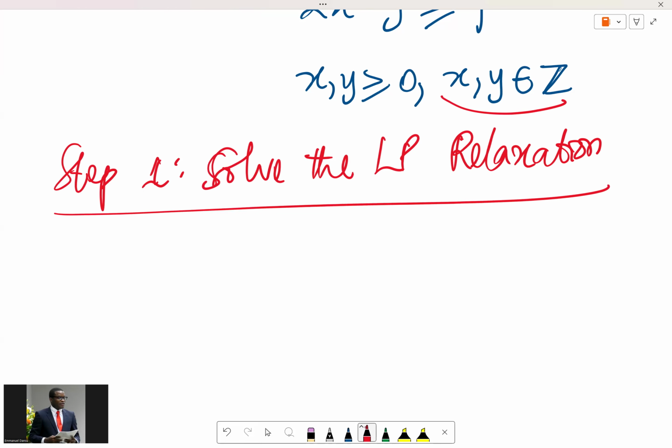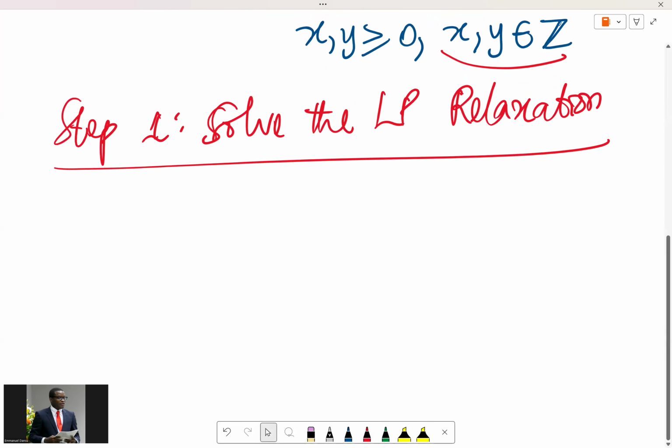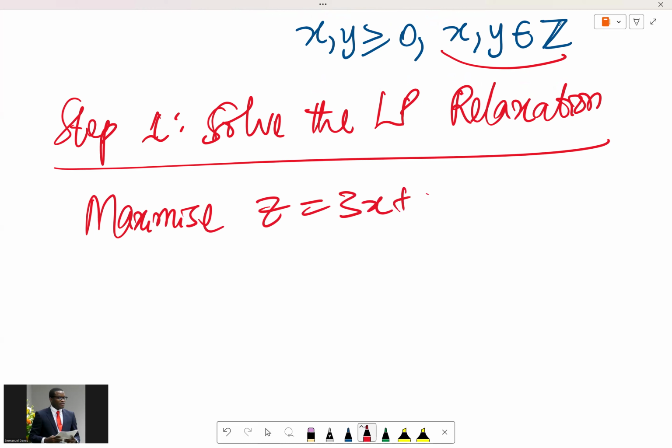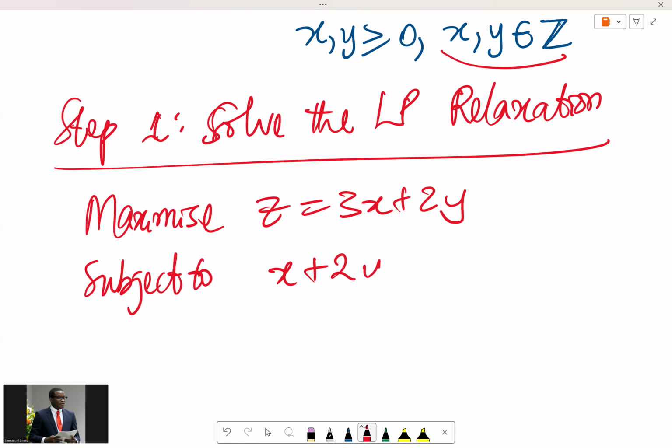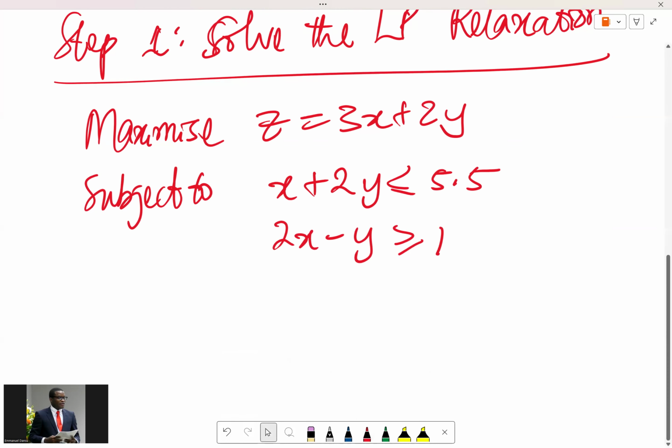So in that case, we have a problem as this: maximize z equals 3x plus 2y subject to x plus 2y less than or equal to 5.5, and then 2x minus y greater than or equal to 1. So x comma y are both greater than or equal to 0.